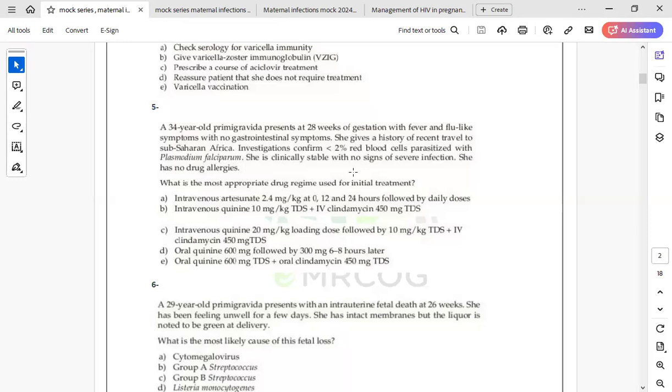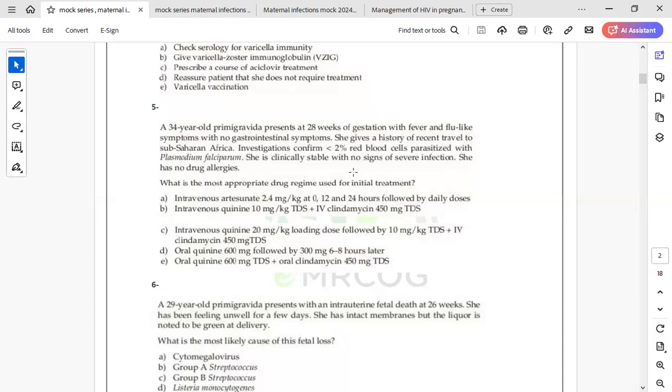You know what severe malaria is? Severe malaria is organ involvement. The patient is unstable. The patient is confused. I'm not talking about fever, chills, flu-like symptoms, even if she's having nausea and vomiting. This is not severe malaria.